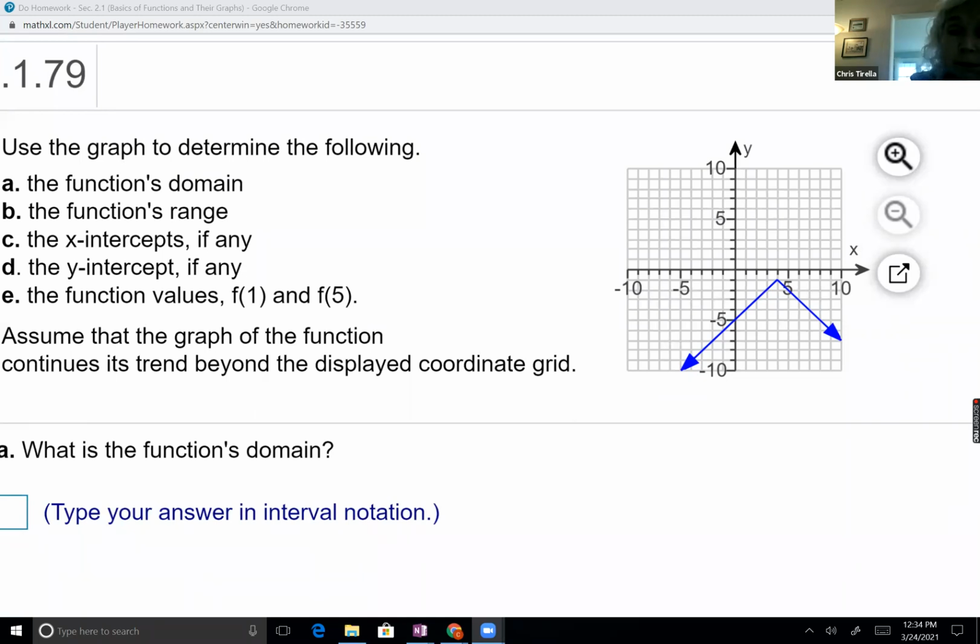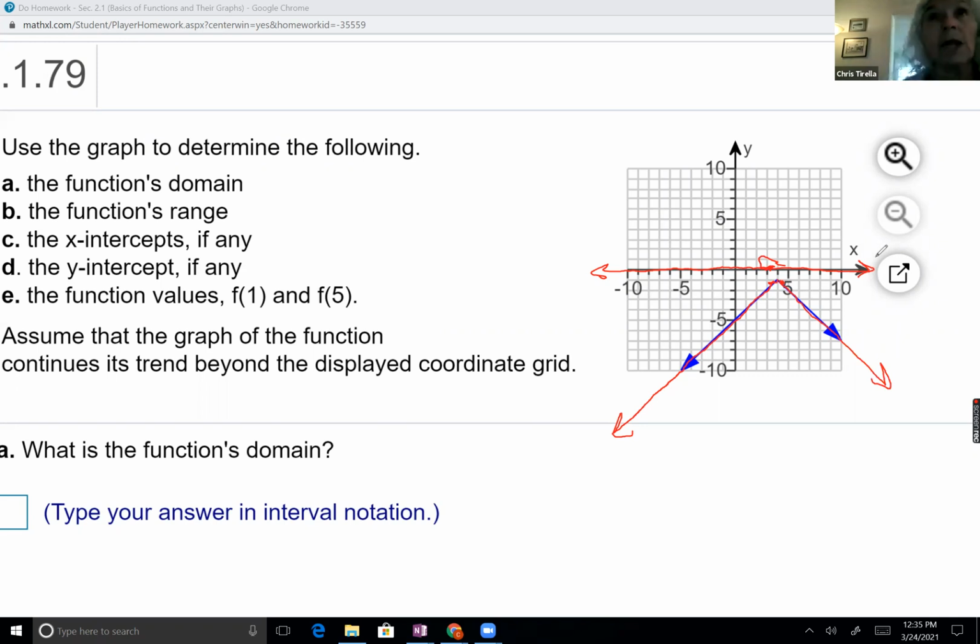Okay. So as I'm looking at this blue line, I'm looking for the x values of the points on it. And because it has arrowheads, it doesn't stop. If I compare that to the x-axis, that is how far to the right it goes and how far to the left it goes. You notice that I compare it to the x-axis because of the arrowheads.